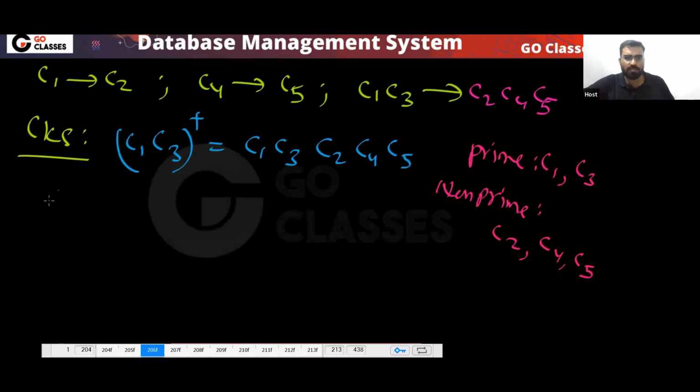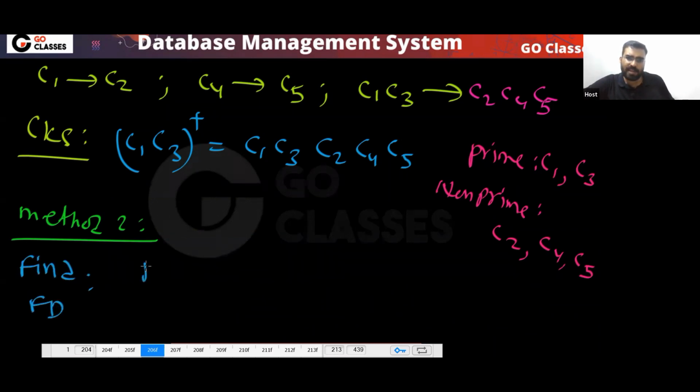What is your method number 2? Method 2, just find this type of FD where a proper subset of the candidate key determines some non-prime attribute.